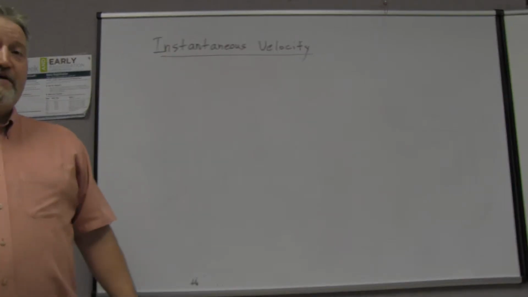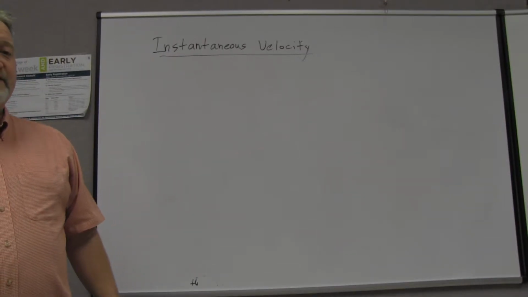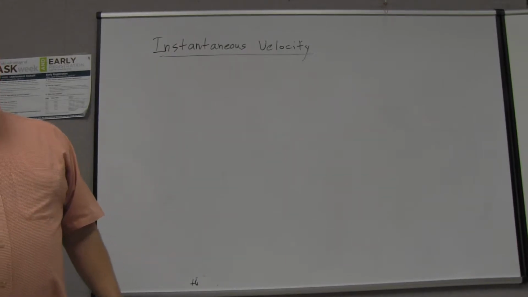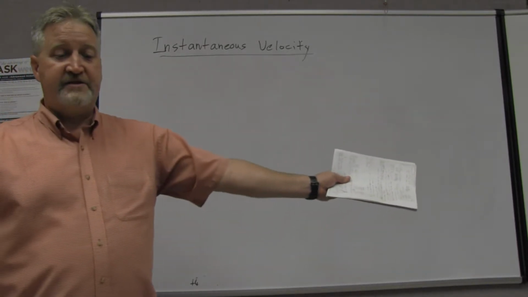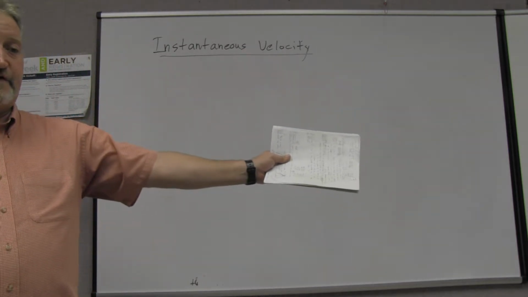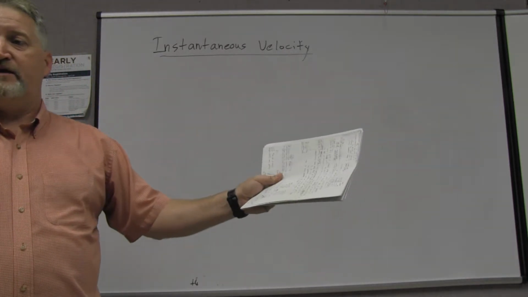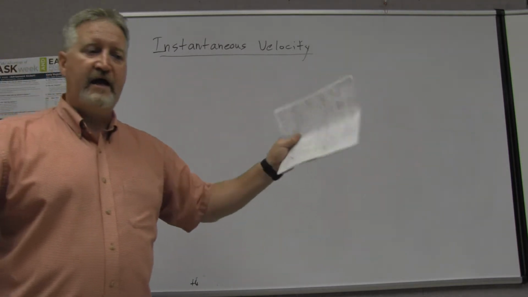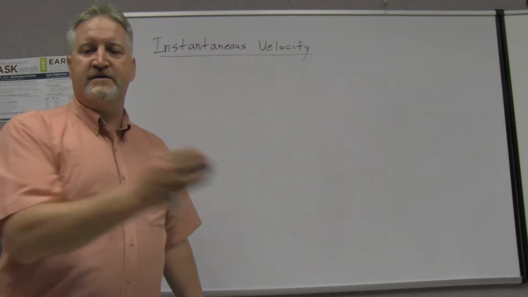However, that's not instantaneous velocity. If I'm averaging velocity, I'm averaging it from point 1 to point 2. See what I'm saying? Because I'm not actually computing an instantaneous velocity.